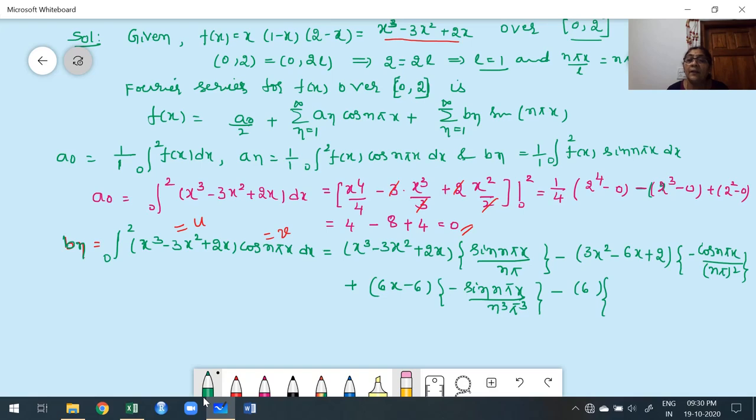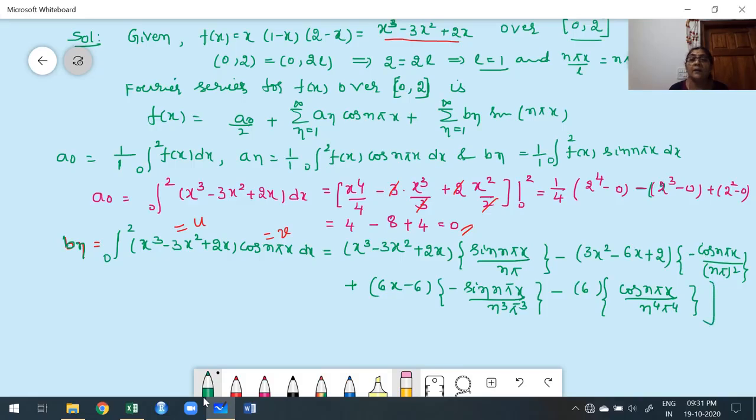Again I have to integrate. The integration of sine is minus cos, and already having a minus, minus into minus is plus, cos of n pi x divided by n pi, so n to the power of 4 pi to the power of 4.